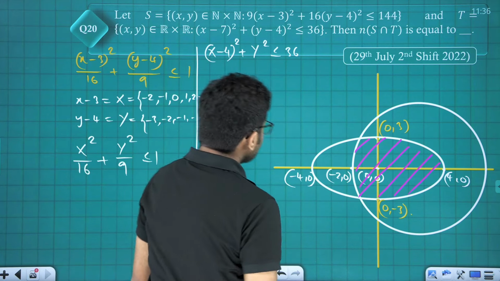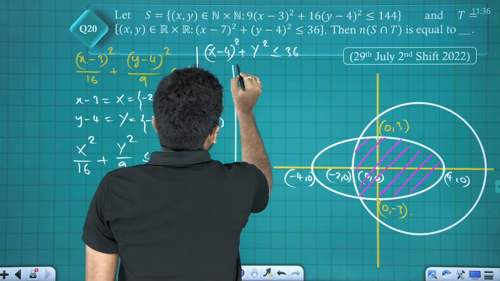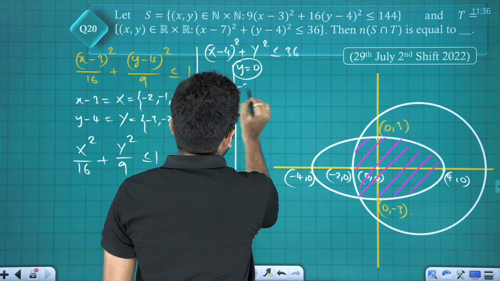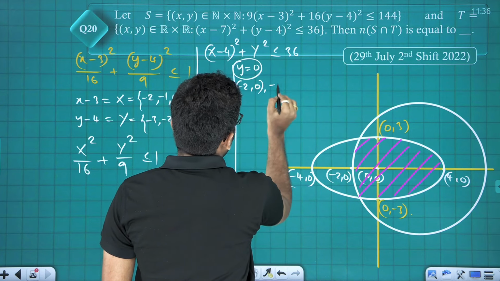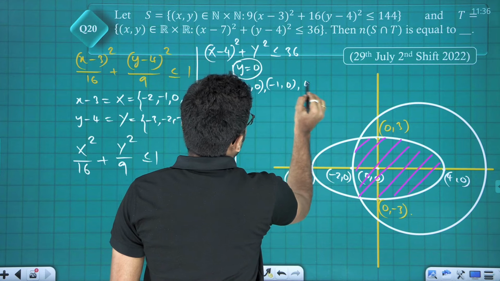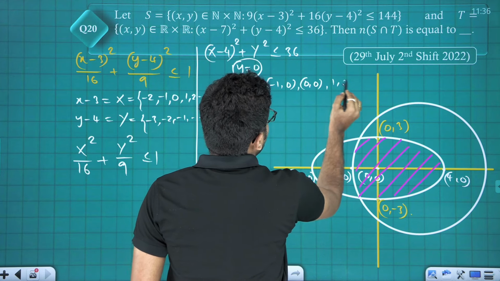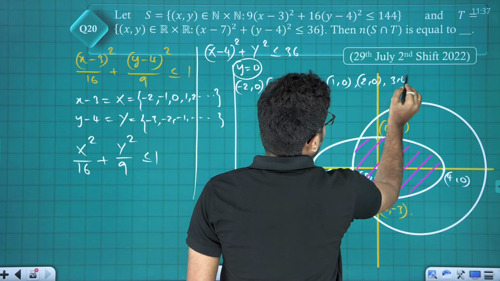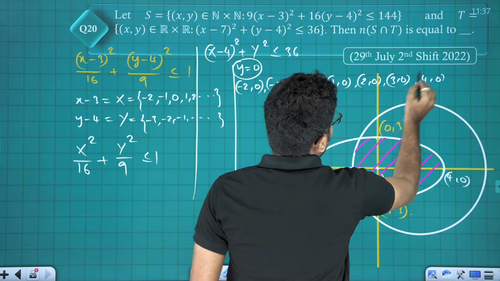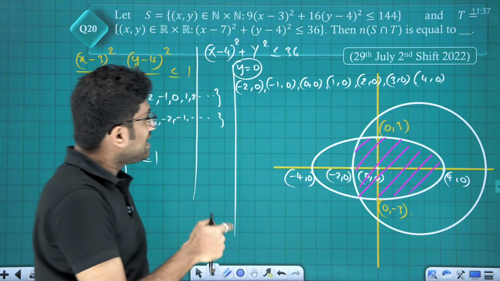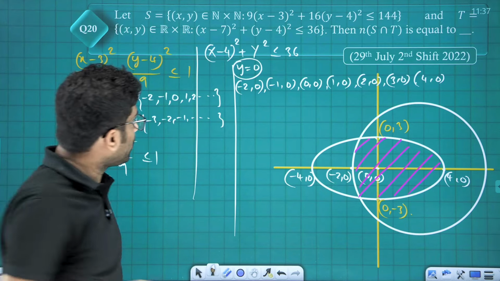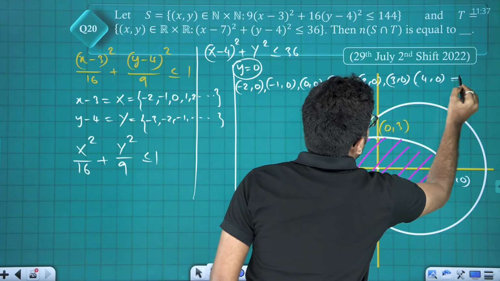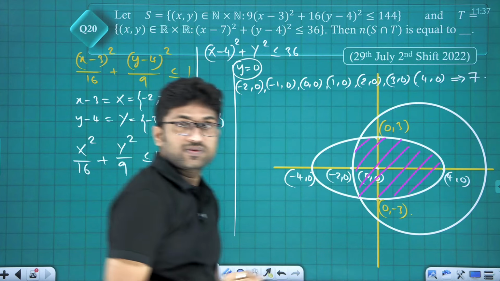First, if y is 0, we take coordinates -2, 0, -1, 0, 0, 0, 1, 0, 2, 0, 3, 0, and even 4, 0. All these points lie inside or on the curve. How many points do we have? 1, 2, 3, 4, 5, 6, 7. We have got 7 solutions in this case.